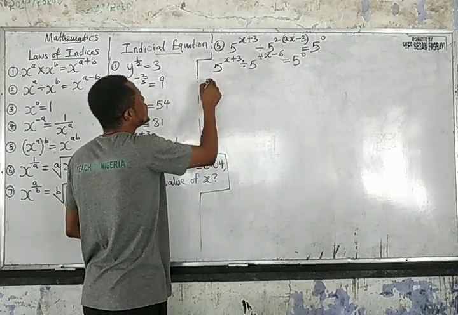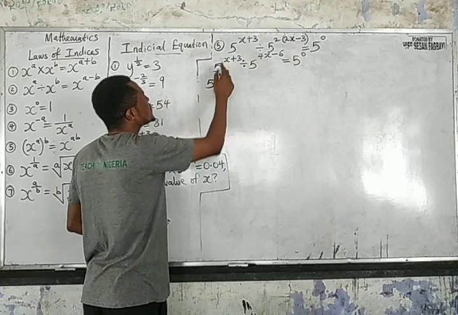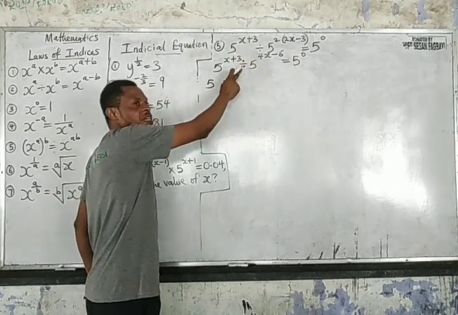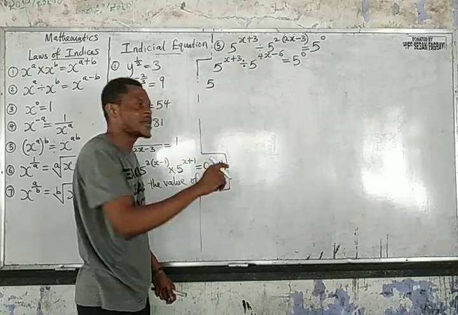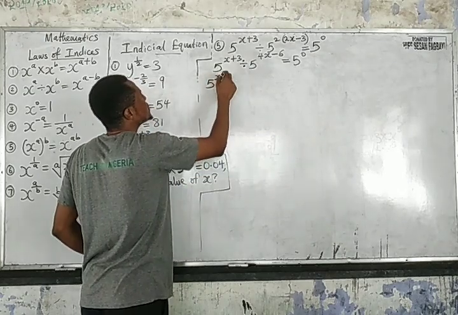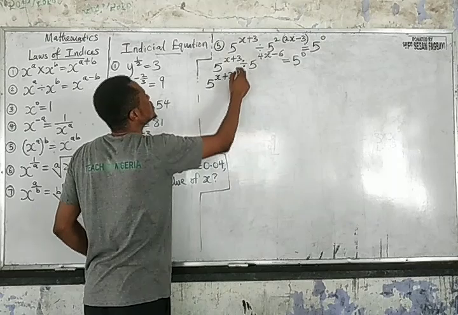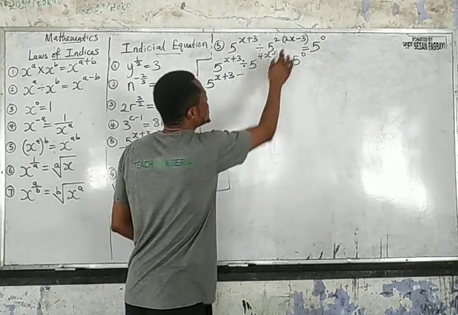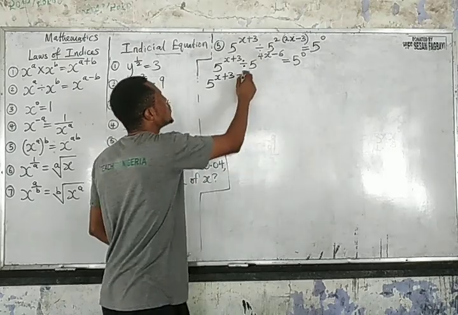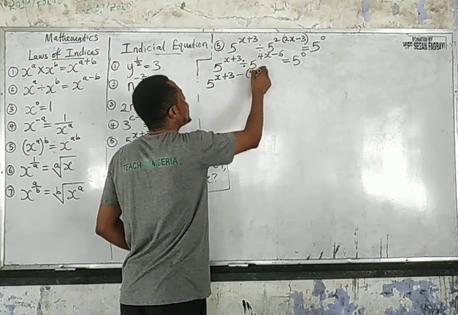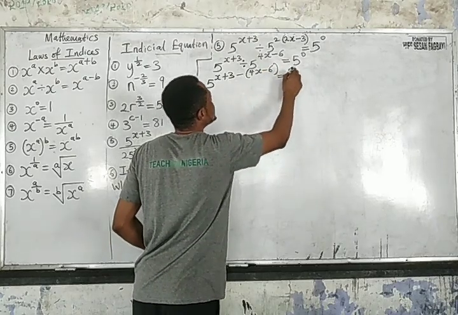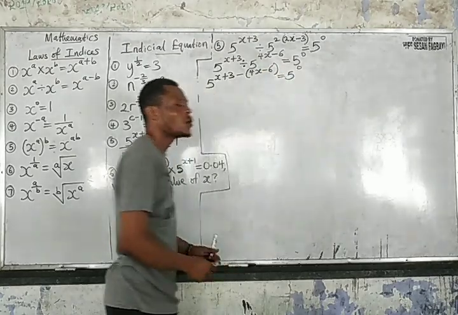So we have 5 and 5 here. So the powers will be put together, considering that this division sign will become minus. So we have x plus 3. Division sign will become minus. But the minus is meant for everything here. So we have it in brackets: 4x minus 6, close the bracket, to give us 5 raised to the power of 0.